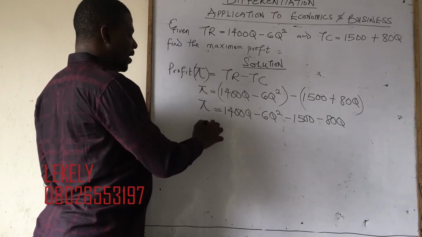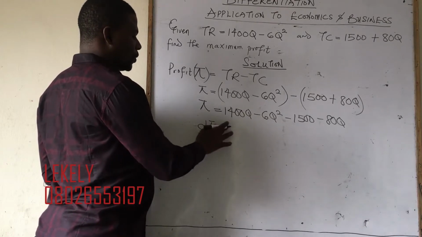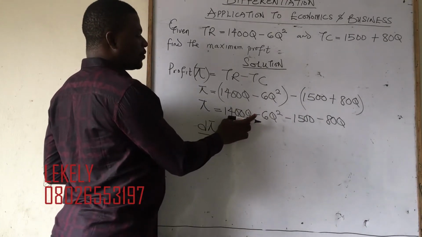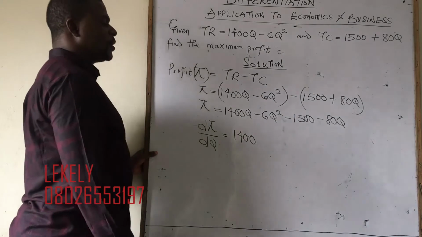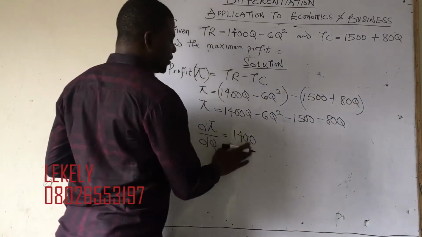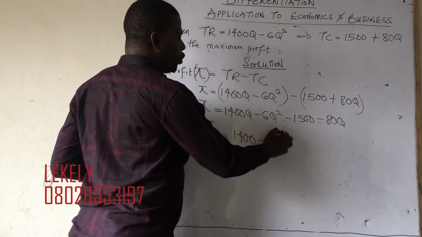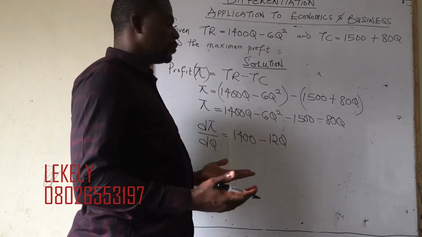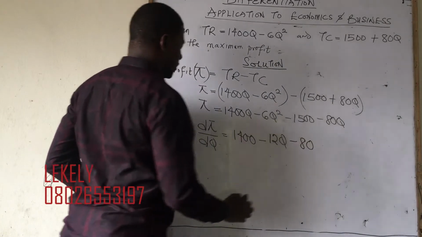So let's differentiate our profit with respect to q. Differentiating 1400q gives 1400, minus differentiating 6q squared gives 12q. Differentiating the constant 1500 gives 0, and differentiating minus 80q gives minus 80.